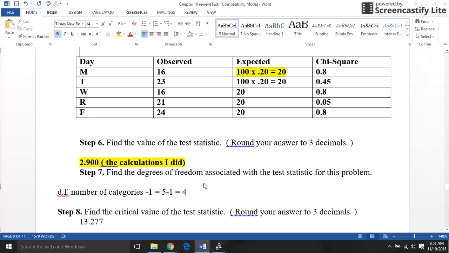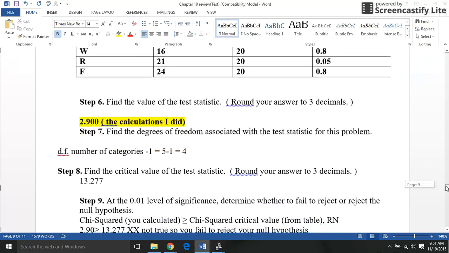The next thing it wants me to do is find the degrees of freedom. The degrees of freedom is the number of categories minus 1. The number of categories we have is 5 days of the week, each a category, minus 1, and I get 4. Now we have to find the critical value. This is in table G in your book or online.